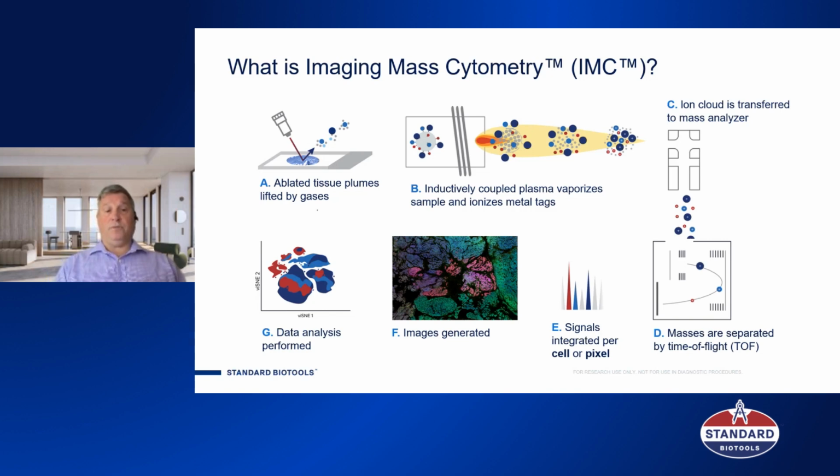We suck the plume into an ICP, an inductively coupled plasma system, which turns it into a plasma, and we separate the light elements, the oxygen, the carbon, the nitrogen, the phosphorus, etc., from all of the heavy metal elements. And we run the metal elements through a time-of-flight mass spectrometer. We measure how much of each metal is present in that pixel, and we raster scan that and build up an image. And then you can do data analysis on this.